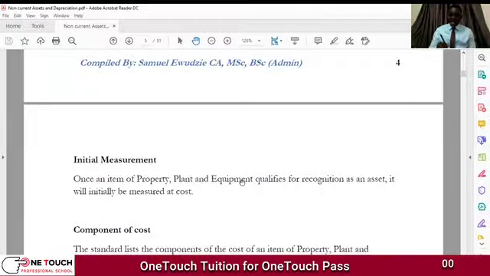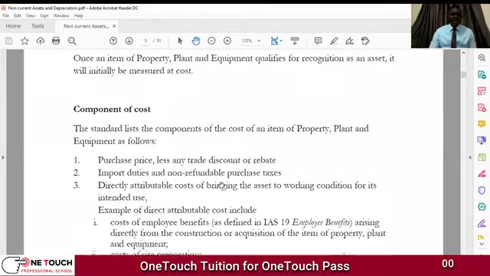So the initial measurement of an asset is at what? At cost. That's how much the company incurred, or how much the company parted with to acquire that asset. So it will initially be measured at what? At cost. Good.